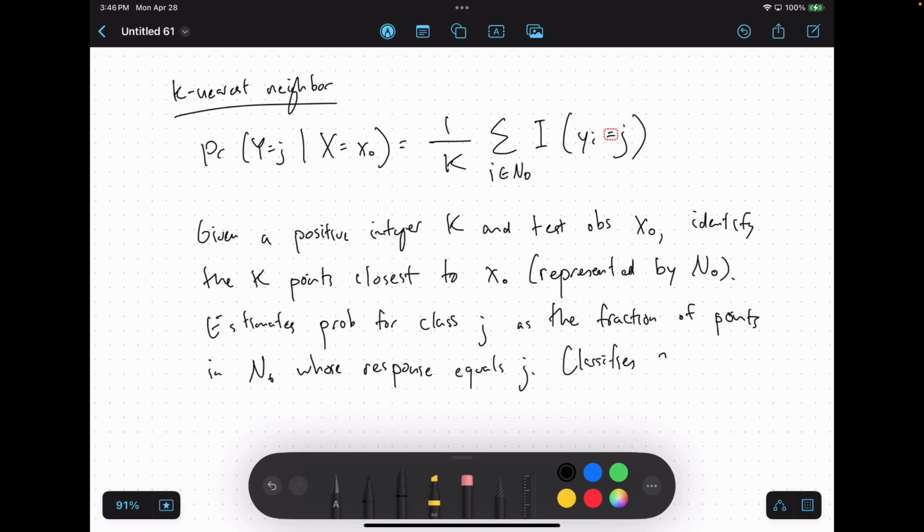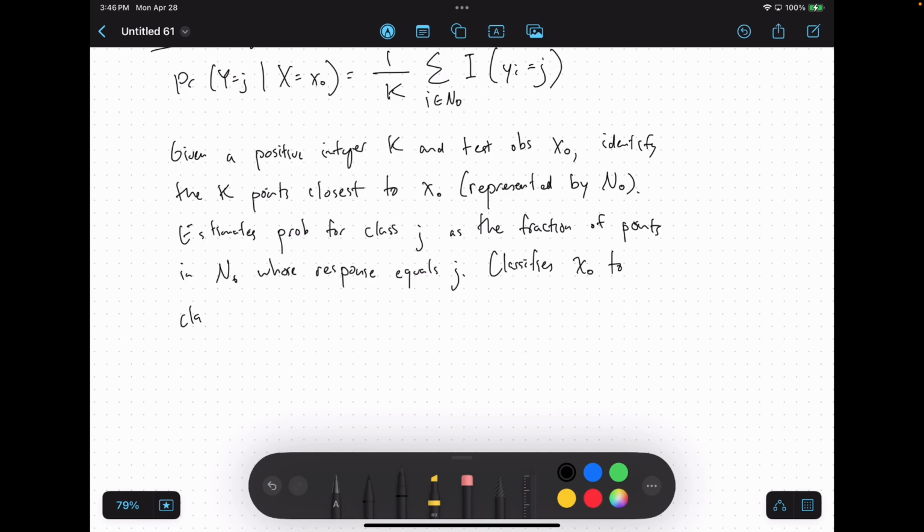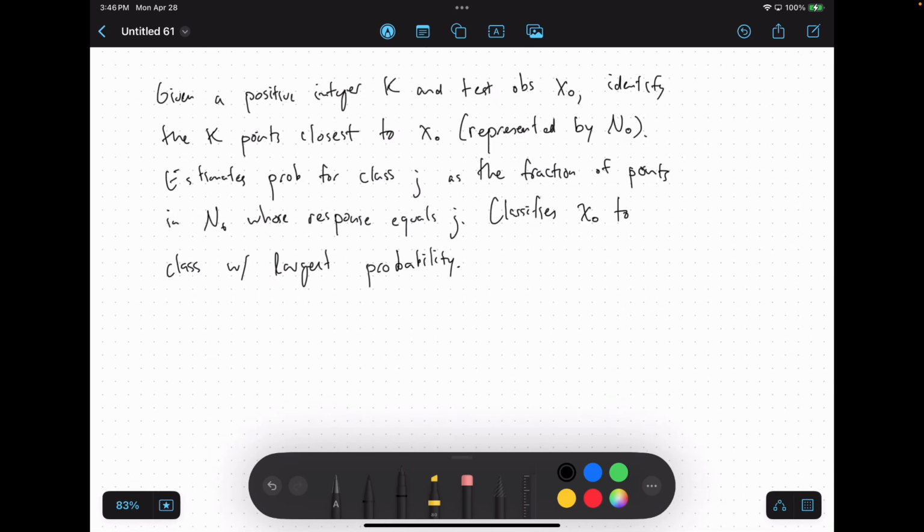Classify x0 to the class with the largest probability. Okay, what the heck does that mean?